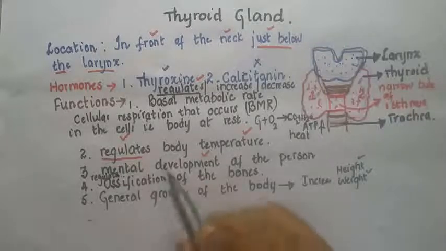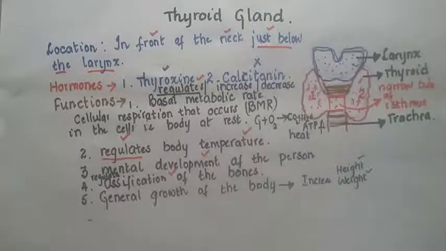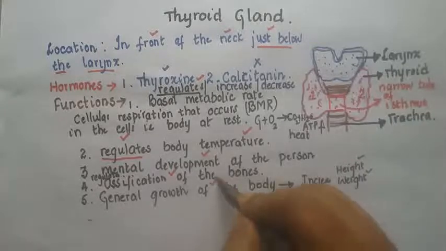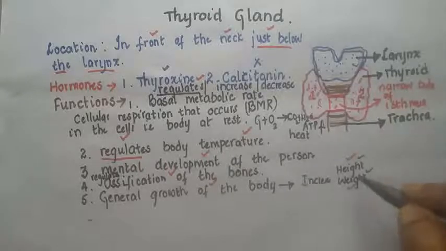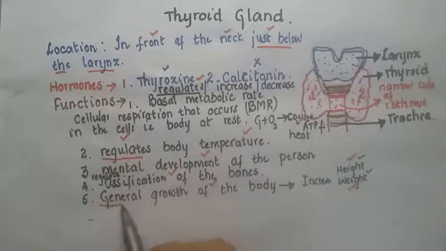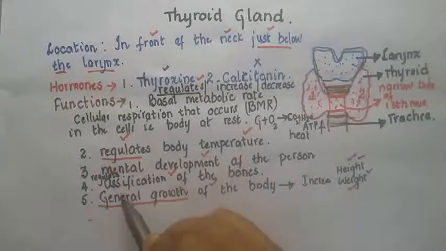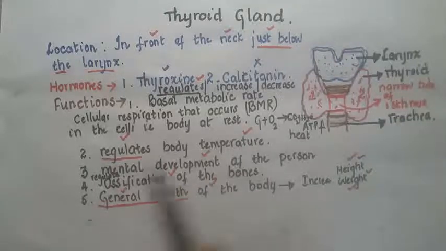It also helps in ossification of the bones, that is, the deposition or formation of new bone cells in the bones. And it also regulates the general growth of the body, which is nothing but an increase in height and weight of the body. And you have to use the words general growth of the body when you are referring to growth. So these are a few functions of thyroxine.